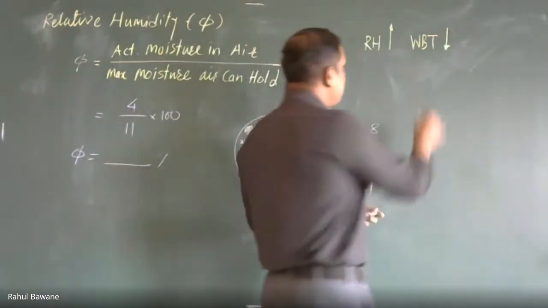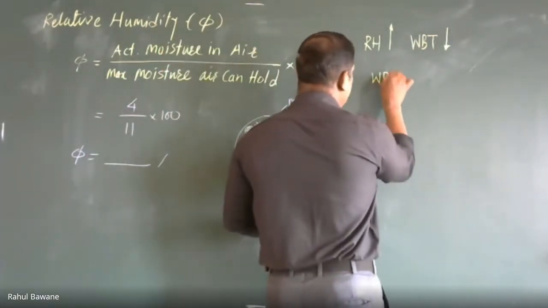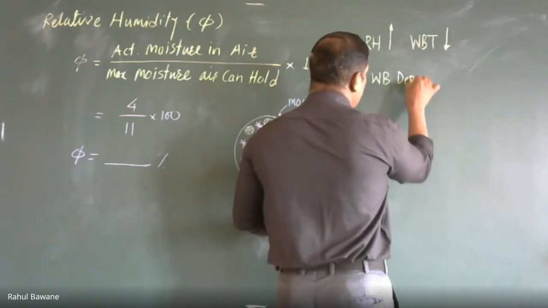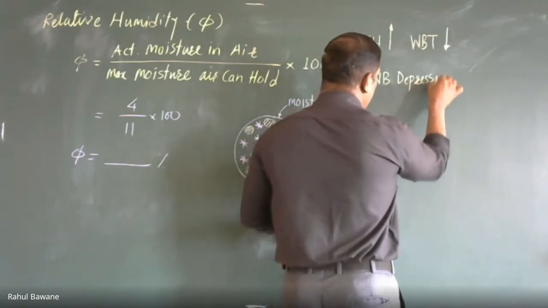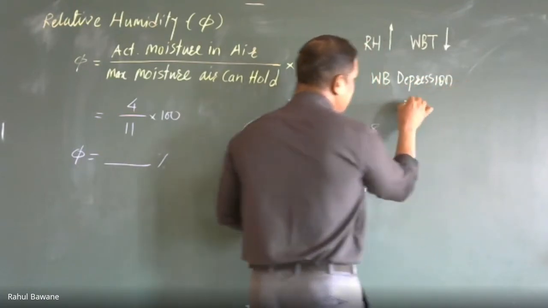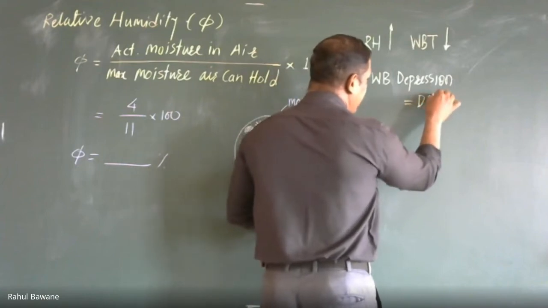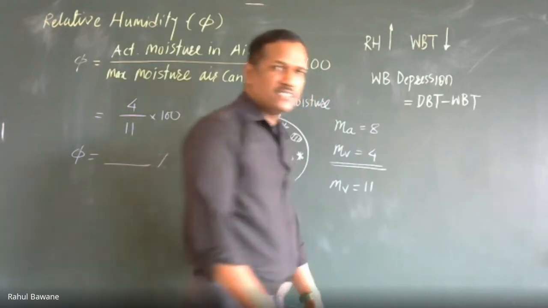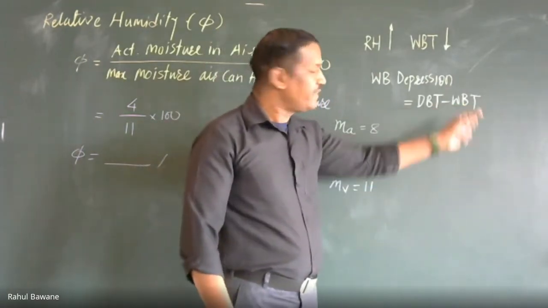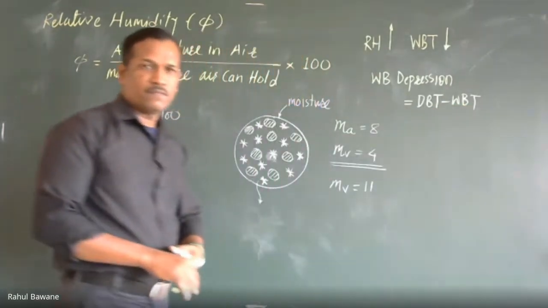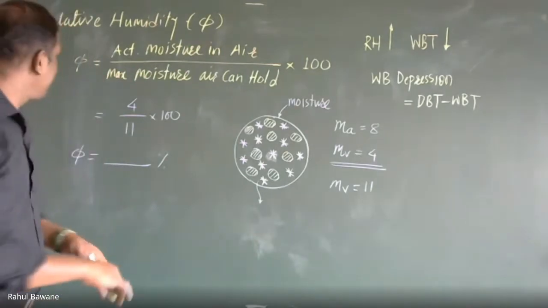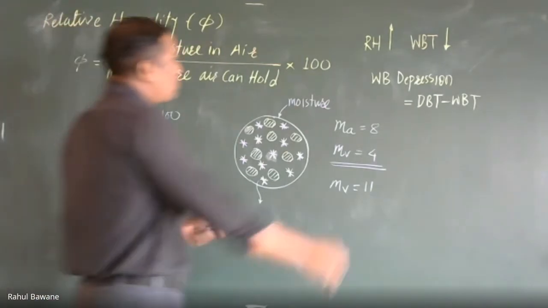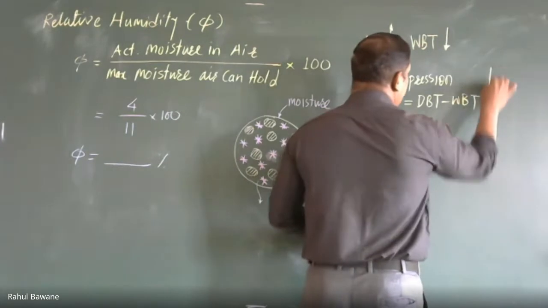In that case, the wet bulb depression, which is nothing but DBT minus WBT: DBT will be the same, but WBT will reduce. So the difference will increase. So wet bulb depression will increase.